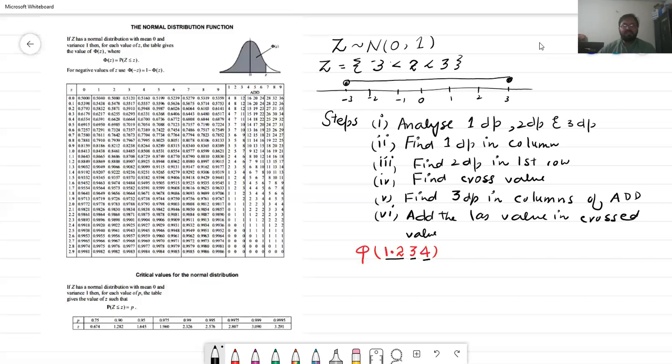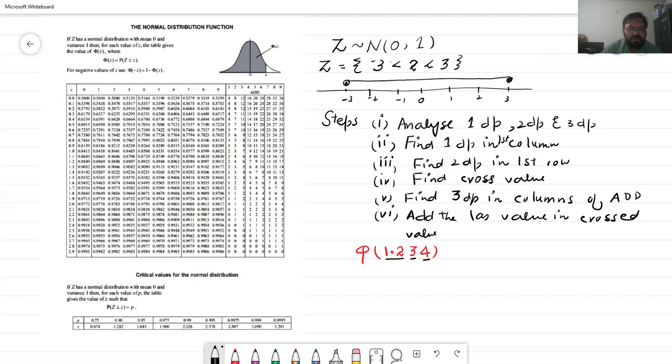According to the first step, we analyze the first, second, and third decimal places. Find the first decimal place in the first column. This is the first column. Where is the 1.2? I will make it red.